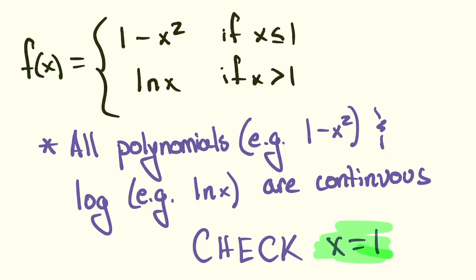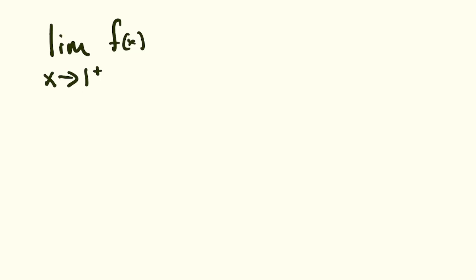We're going to have to break this up into two parts. So when we're looking at something like this, we are looking at the limit as x goes to 1 from the right-hand side, and we are looking at the limit as x goes to 1 from the left-hand side.